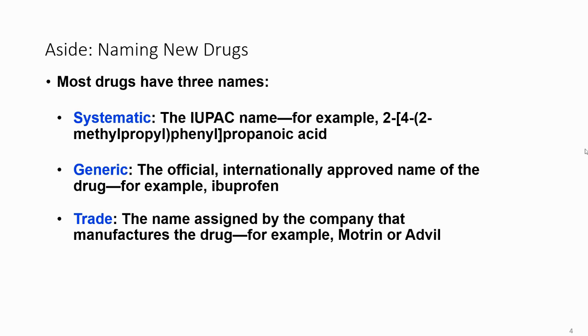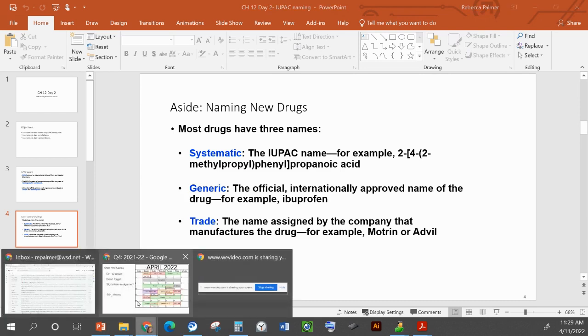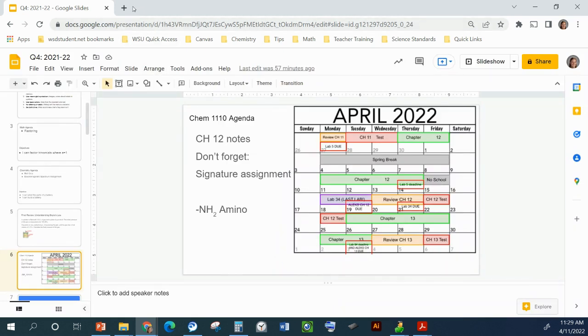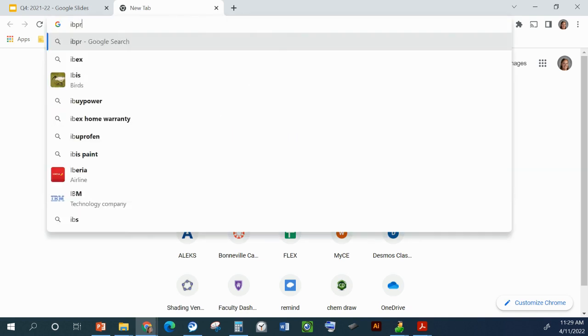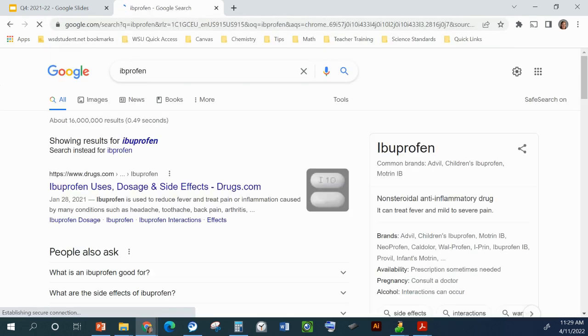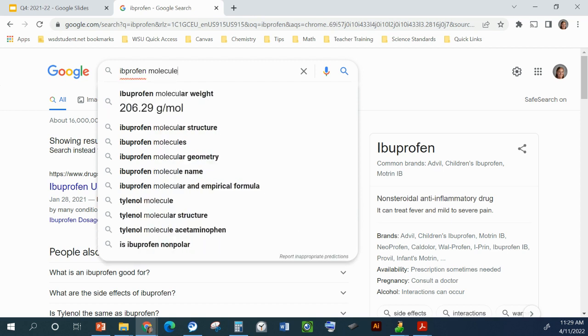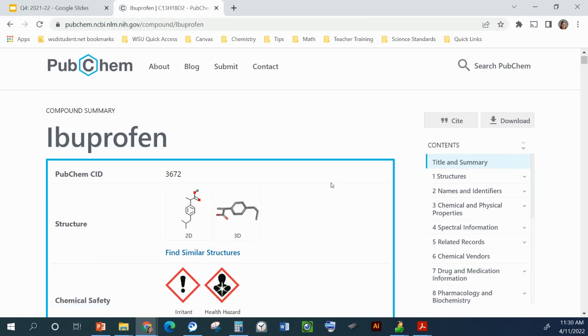I also don't feel this. We could look it up. Let's see. The parentheses, the brackets, and then that one. So this is not something that I'm super familiar with. Oh, that's very helpful. So it is just a propyl group and a methyl group. C13H18O2.